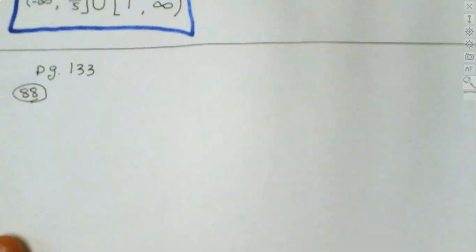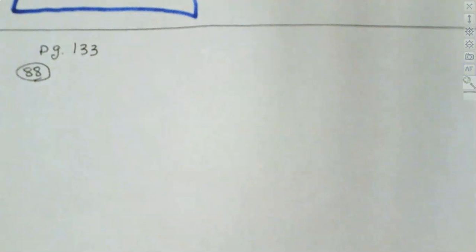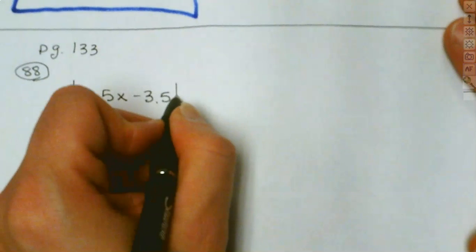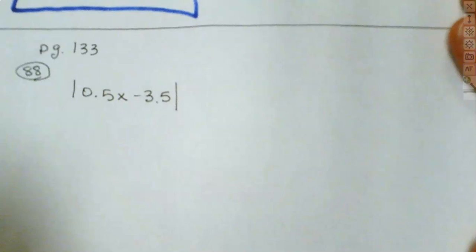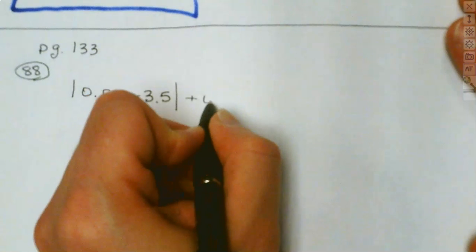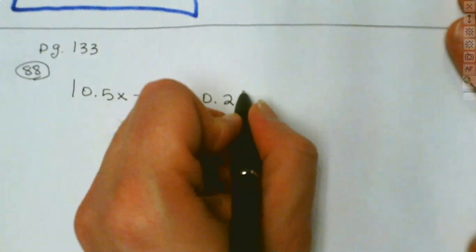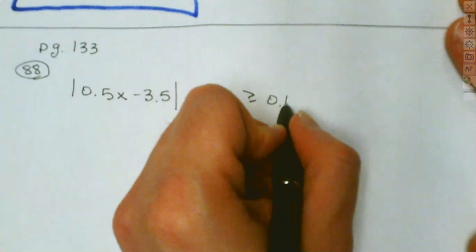Okay, so question 88. We've got decimals, and decimals are no different than whole numbers. They work the same. So we've got the absolute value of 0.5x minus 3.5 inside the absolute value bars, plus 0.2 is greater than or equal to 0.6.